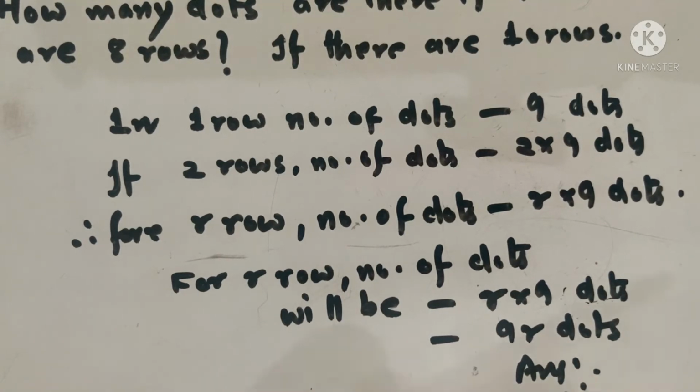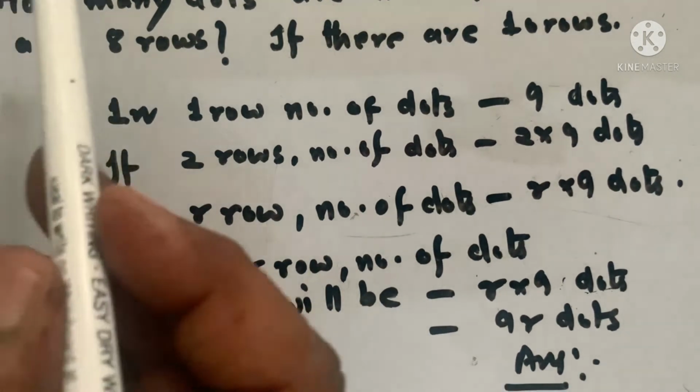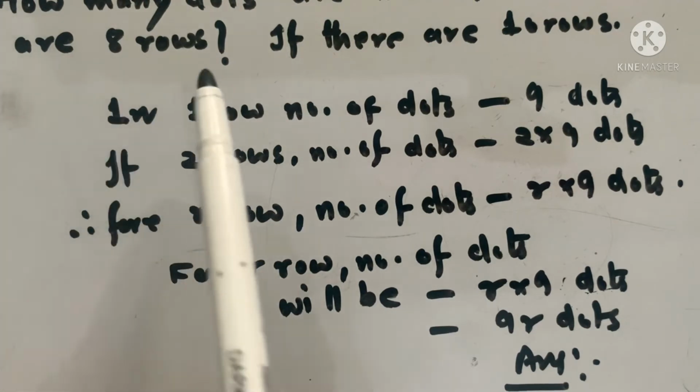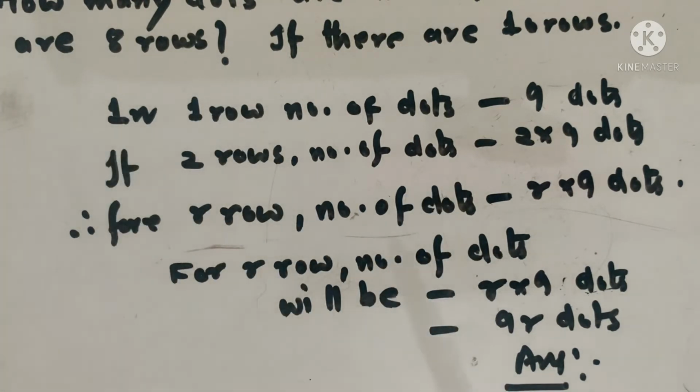For R rows, the number of dots will be R into 9 dots. Total dots are 9 into R dots.